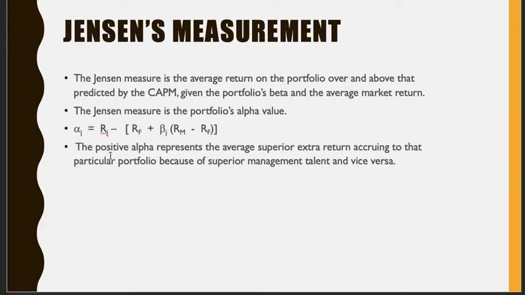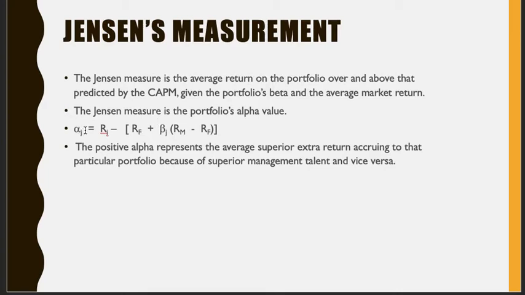So what is alpha? A positive alpha represents the average superior extra return accruing to that particular portfolio because of superior management talent, and vice versa. So meaning to say, if the required rate of return by CAPM is 14, and the actual return performed by the portfolio is 15, then 15 minus 14 is 1.